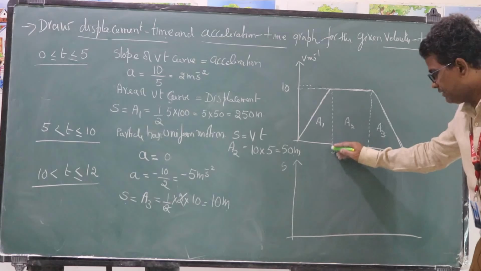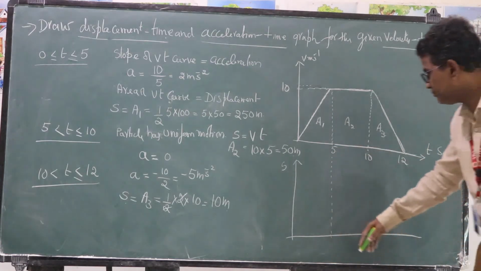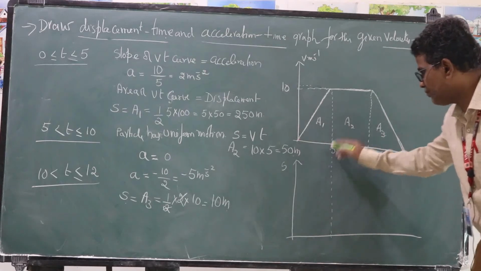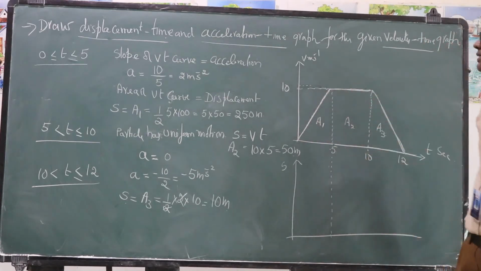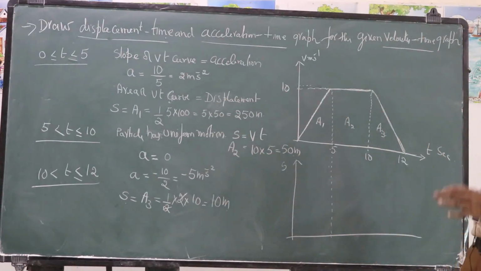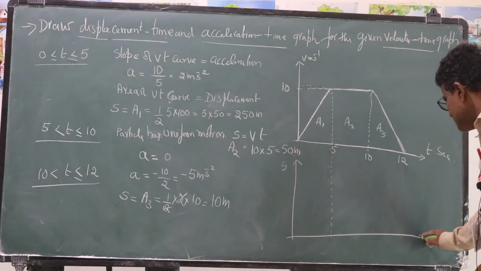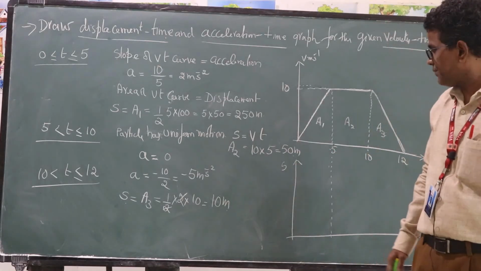During this interval, 0 to 5 seconds, the body accelerates. So it is uniformly accelerated motion. So the shape of the s-t curve is a parabola.